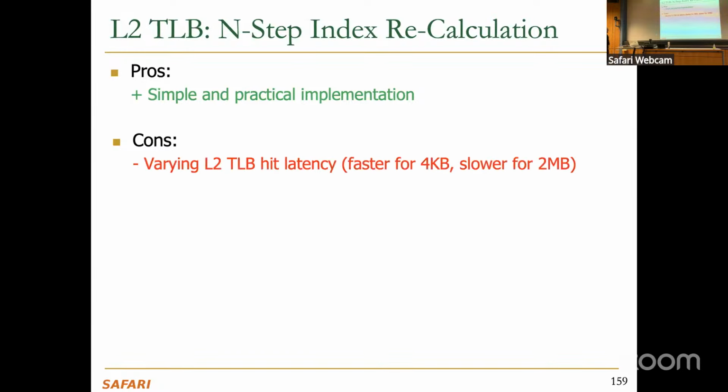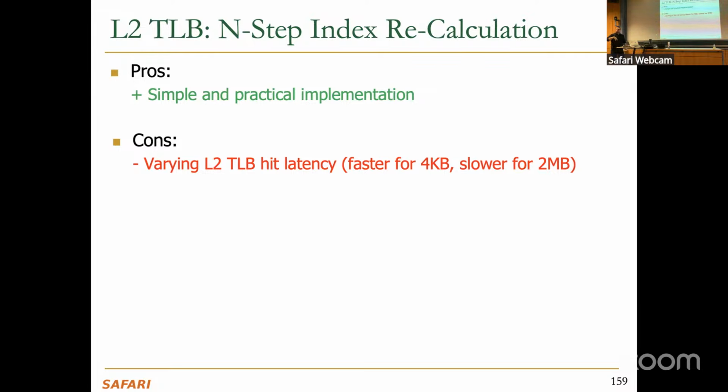So the problem is that you have a varying L2 TLB hit latency. For example, if you have a hit for 4 kilobyte pages, you assume it's a 4 kilobyte page and you find it. It was the first step, because the first assumption you made is that the page is 4 kilobyte. Then you have a very fast hit for the 4 kilobyte scenario.